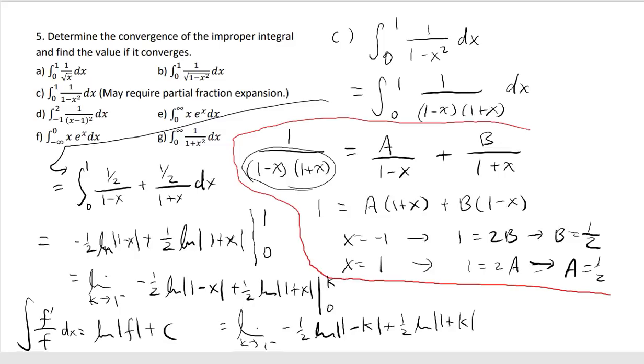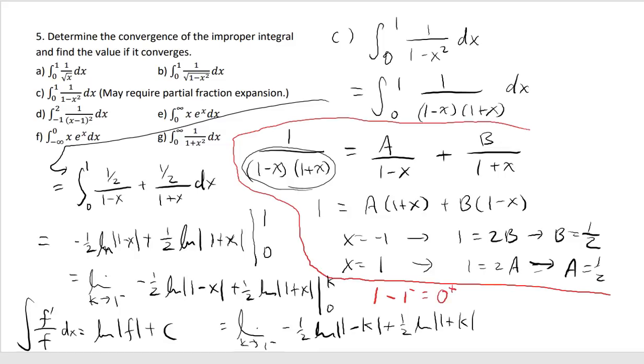This is ln of 2, but here when k is sent to 1 from the left, it's like 0.9999, and you're subtracting from 1, so it's like 0.0001, something close to 0 and positive.